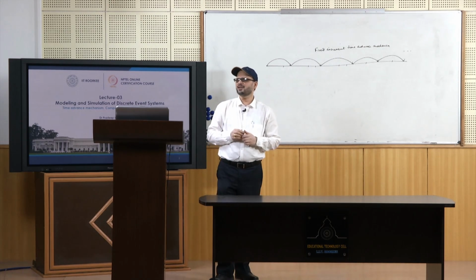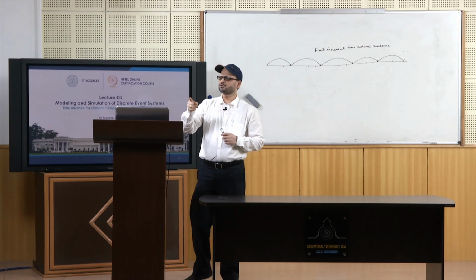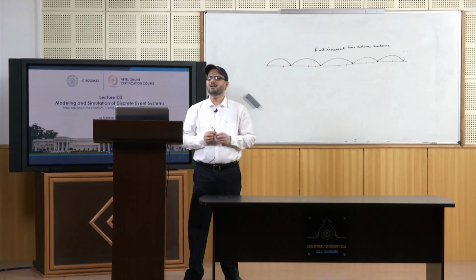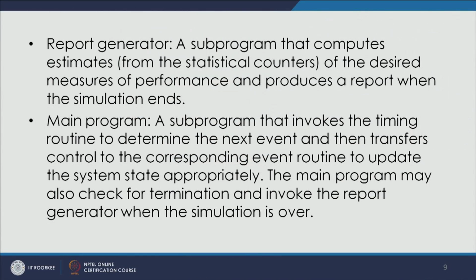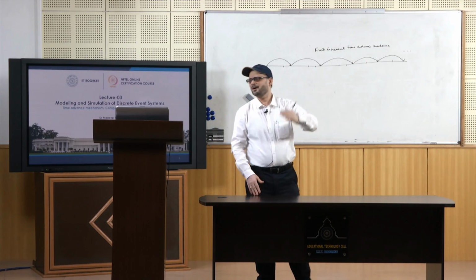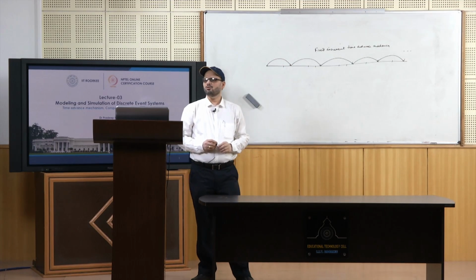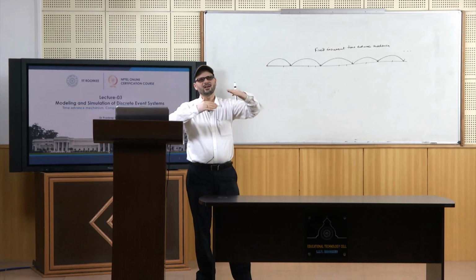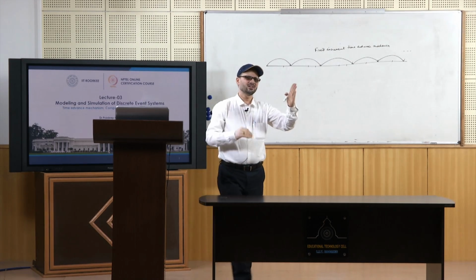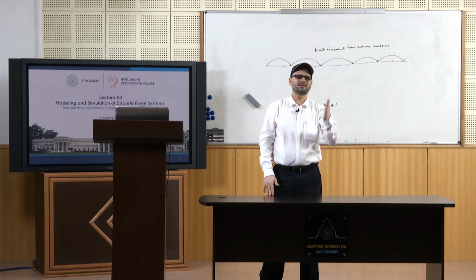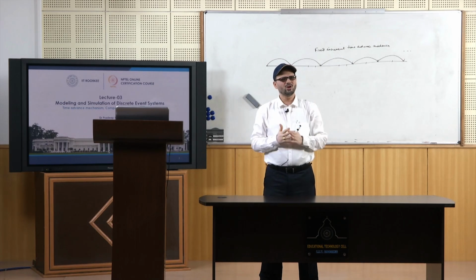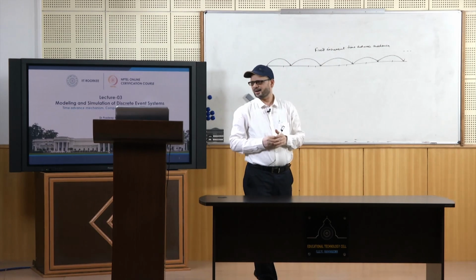The report generator is the subprogram which computes estimates of the desired measures of performance from the statistical counters and produces a report when the simulation ends. It will find all the measures of performance values, and then tell you in the report what the situation was at this simulation time and as we proceeded further, so we will have a report generated.